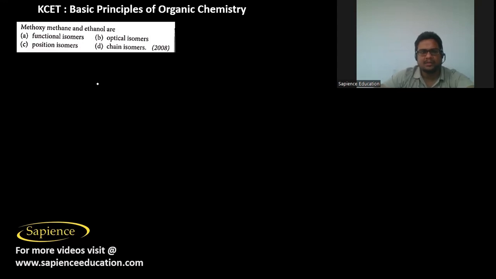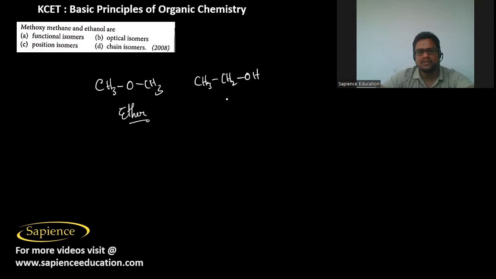So here it is told methoxymethane. Methoxymethane means CH3OCH3, which is an ether, and ethanol. Ethanol means CH3CH2OH. So one has the ether functional group, and one has the alcohol functional group.